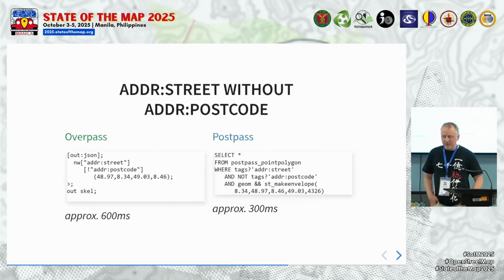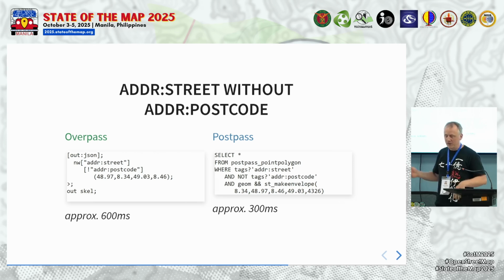Here's a query. I'm going into using these tools for quality control or finding potential things in OSM that might merit fixing. For example, objects that have an addr:street tag but no addr:postcode.